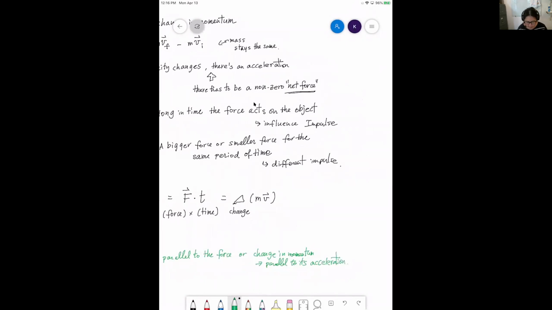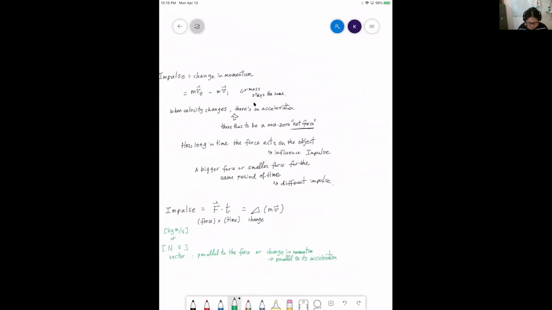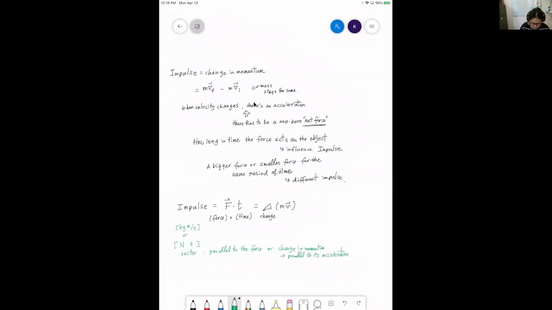You see how everything's coming together? Apply Newton's second law. So this is the definition of impulse. Impulse, by definition, is a change in momentum, and that also describes how long the force is applied. Force times time to have that change in momentum. And you can see that applying the definition of velocity and acceleration and Newton's second law.